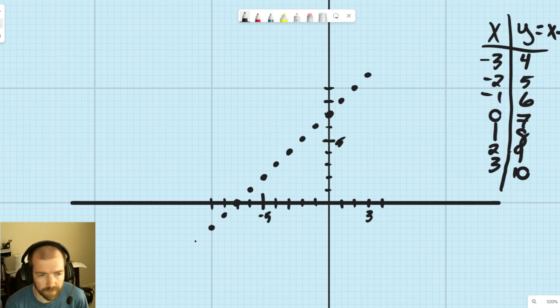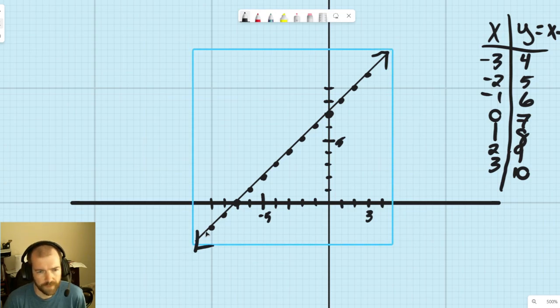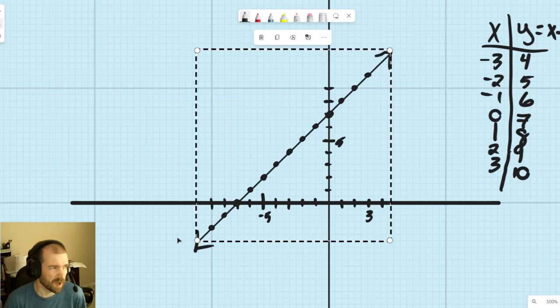We'll go like that. Then mark straight through these points, and straighten them out just a little bit.